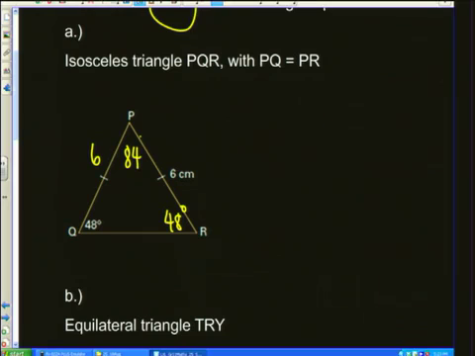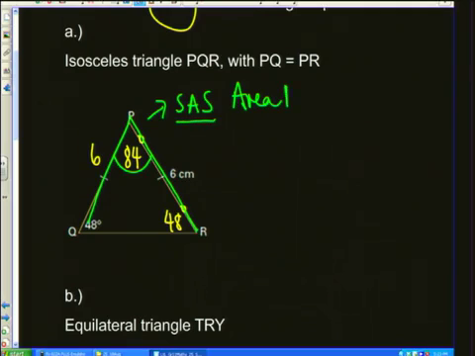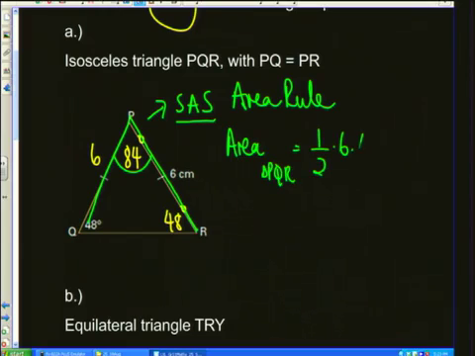We've now created a situation where we have, watch carefully, side, angle, side. With an SAS arrangement, we can use the area rule. How? It will be area of triangle PQR will equal half of the two sides, so it's 6 times 6, multiplied by the sine of the angle between them.